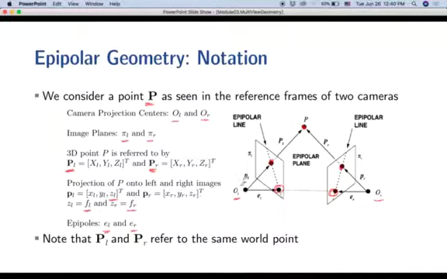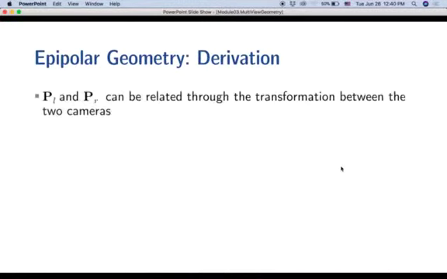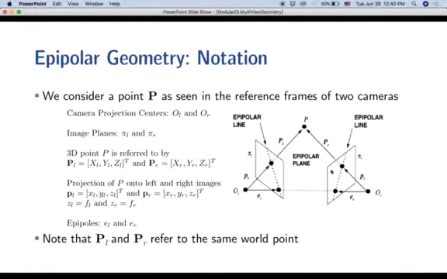Yes, agreed. Because this distance is the focal length FL, and this distance is FR, and that's true for all points on this plane actually, because it's in that canonical coordinate system. Agreed.